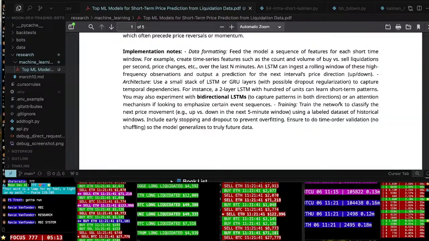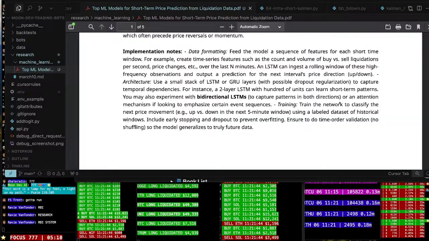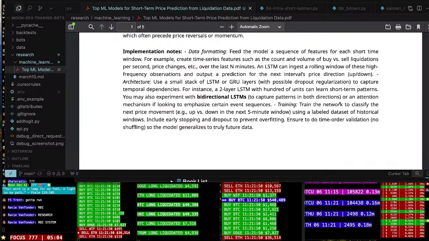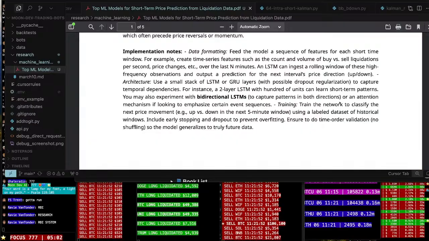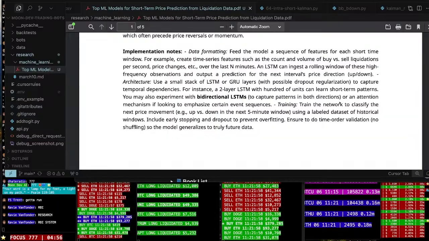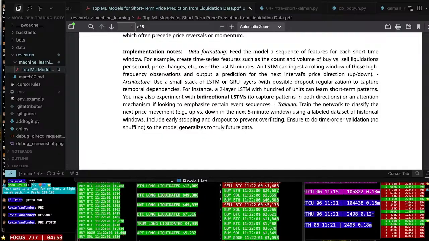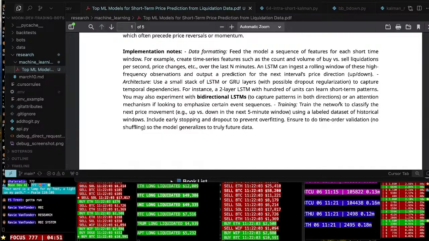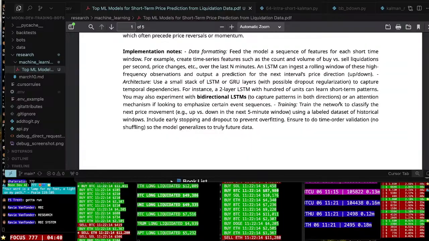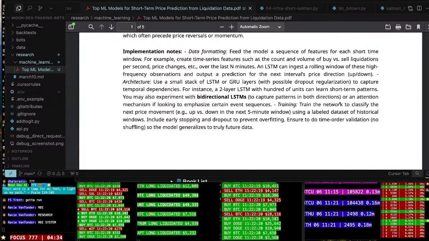Use a small stack of LSTM or GRU layers with possible dropout regularization to capture temporal dependencies. For instance, a 2-layer LSTM with hundreds of units can learn short-term patterns. You may also experiment with bidirectional LSTMs to capture patterns in both directions, or an attention mechanism if looking to emphasize certain event sequences. Research, dude, RBI system, I love it, bro. Ravi's locked.